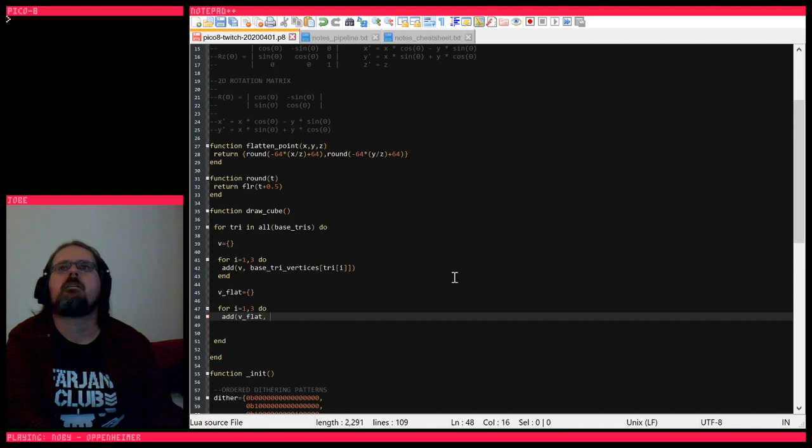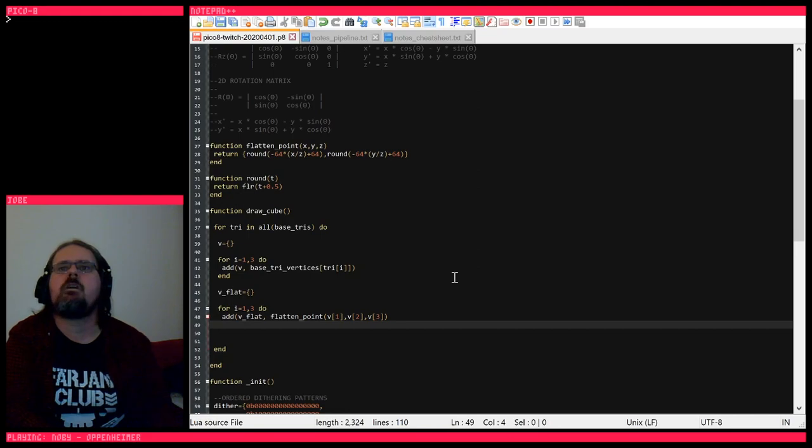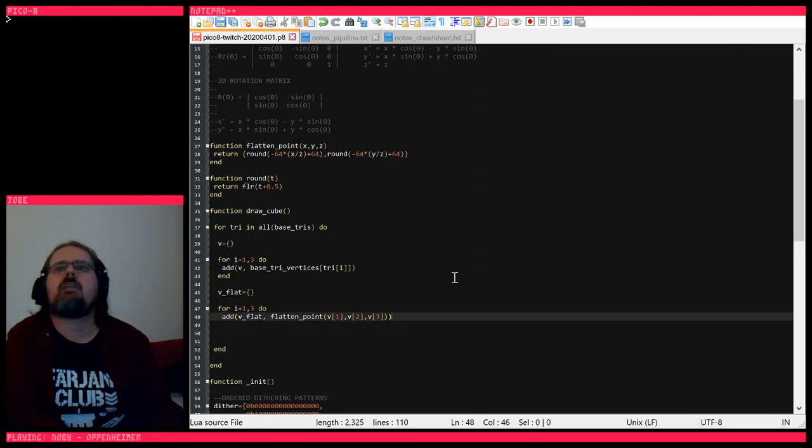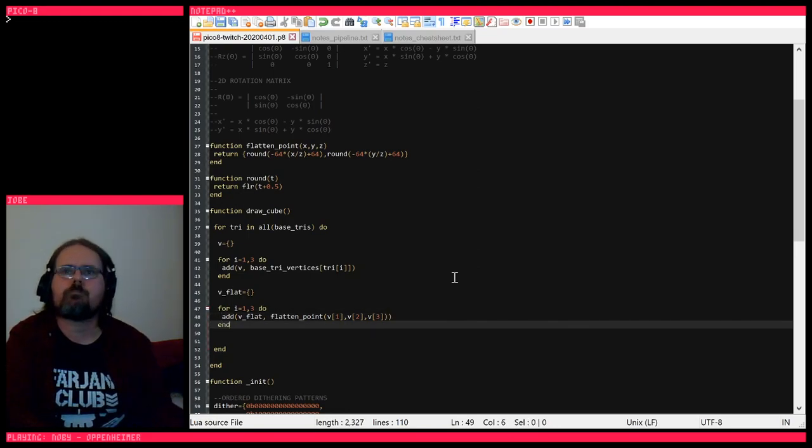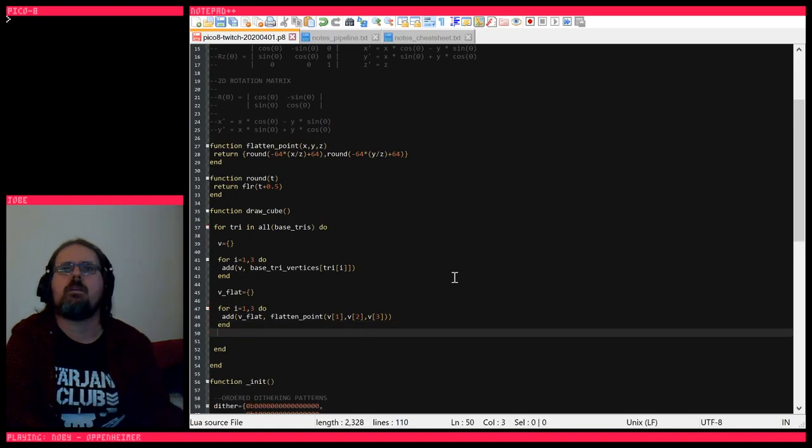So add vFlat, a flattened point, v1, v2, v3. So now we should have three flattened points. Let's see if we did this right.